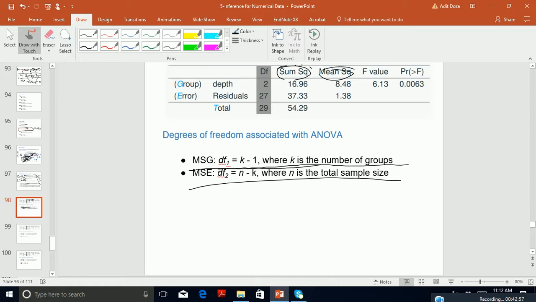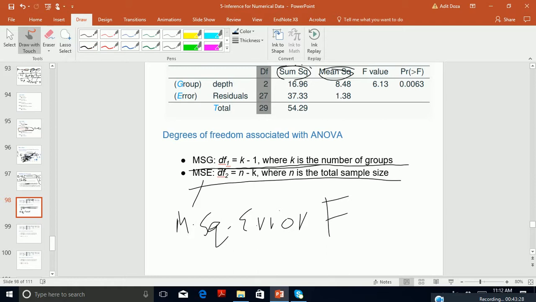Not only the t-stat has a degree of freedom, even when we are going to do an f-stat, they will also have a degree of freedom. So MSG is the sum of squares over the number of groups, and MSE is the sum of square residuals, or sometimes it is called the mean square error.